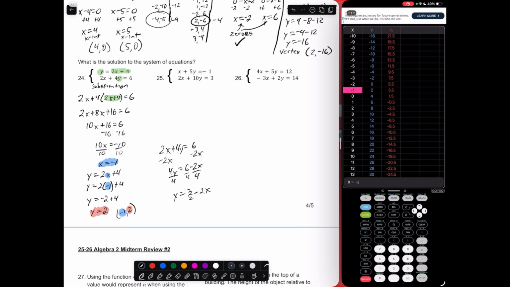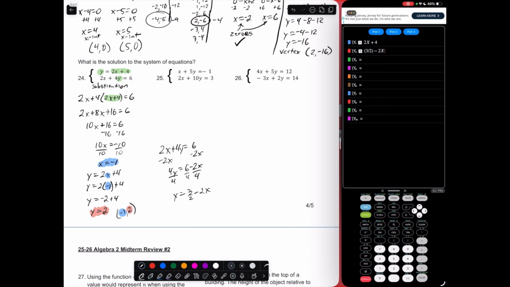What did I do wrong? y equals 2x plus 4. 2x plus 4, 8x, 16 equals 6. 2x and 8x is 10x, so that looks like it checks out as negative 1. And y equals 2x plus 4, plugged in the negative 1, I think it's 2. So what's going on here? What did I type in wrong?